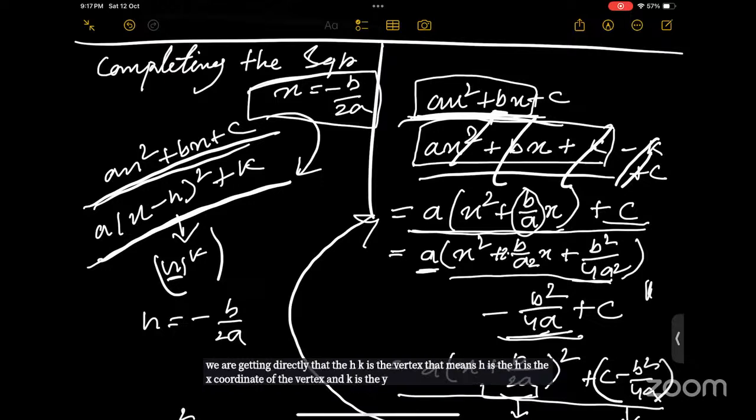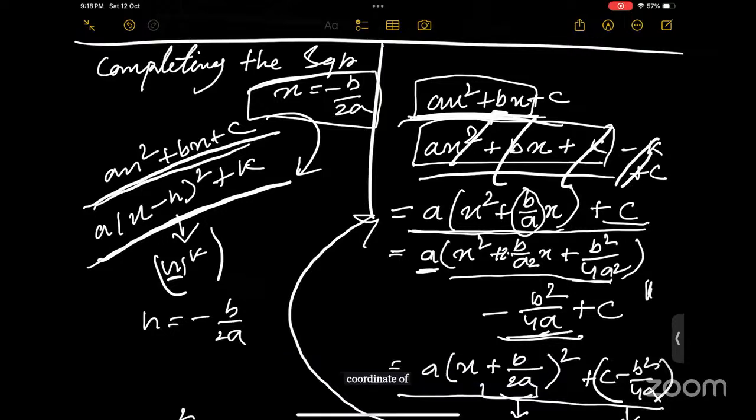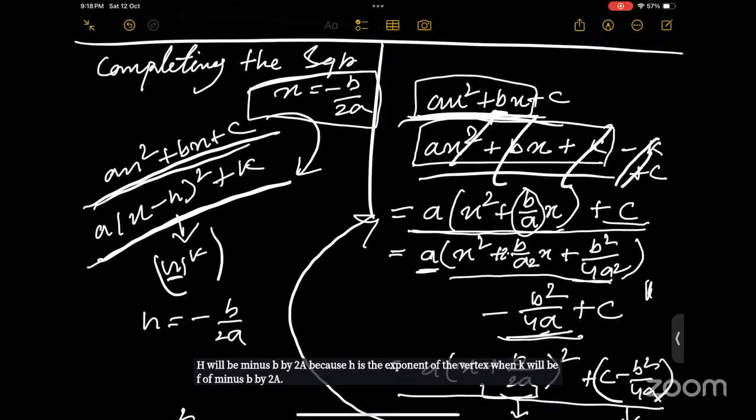It's obvious, because the equation is the same anyway, so the coordinates of the vertex will be the same in both cases. So h will be minus b by 2a, because h is the x coordinate of the vertex, and k will be f of minus b by 2a.